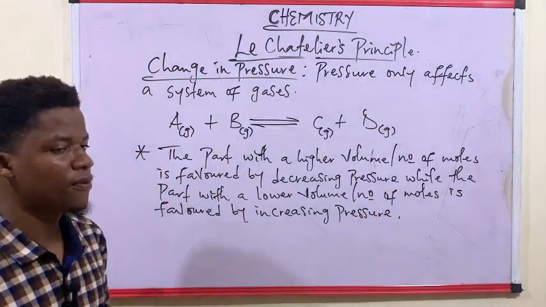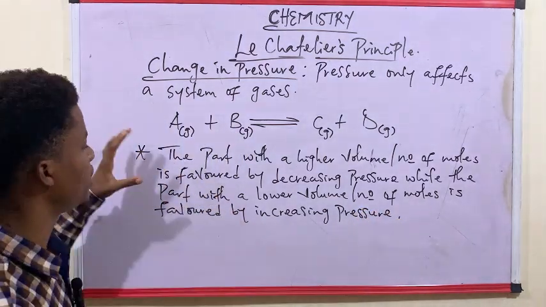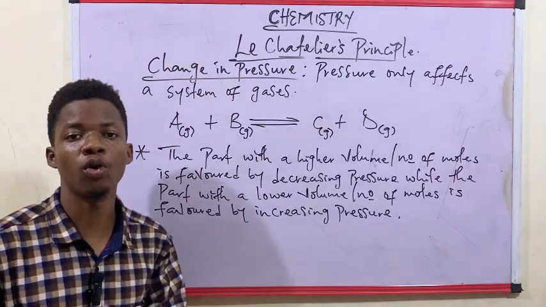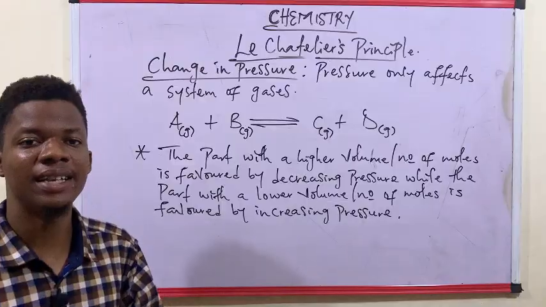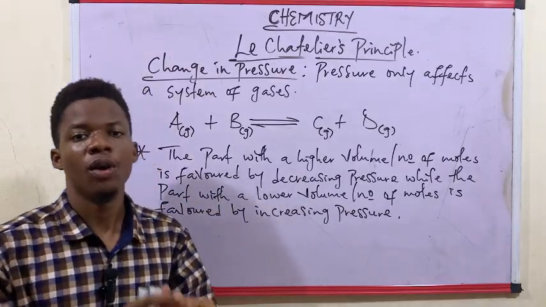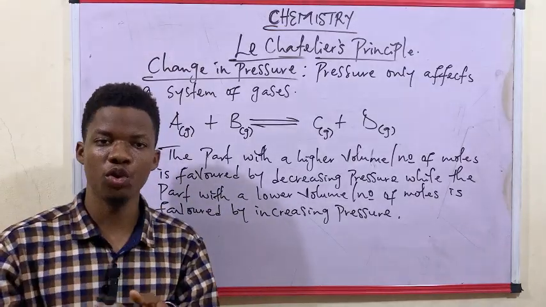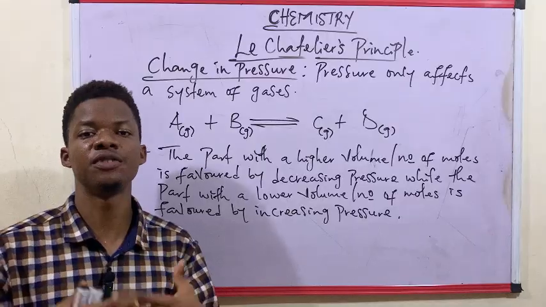So that's what we have. The part with a higher volume or number of moles is favored by decreasing the pressure, while the part with a lower volume is favored by increasing the pressure.